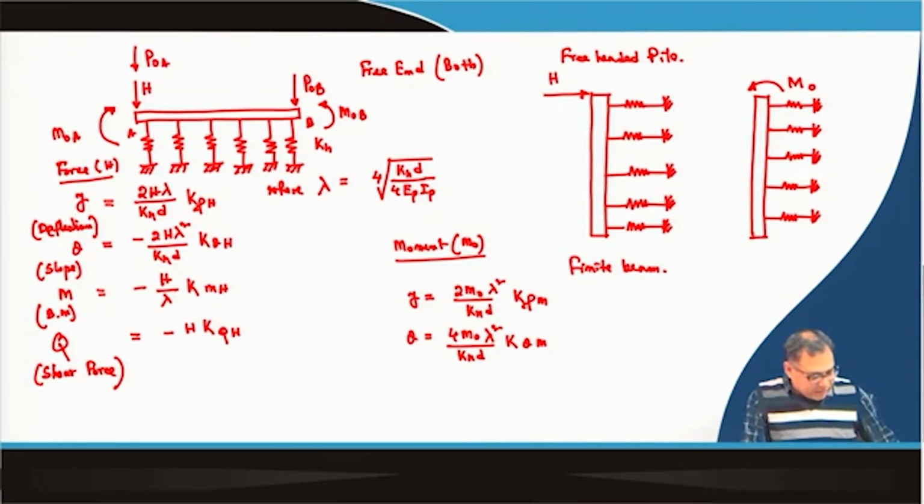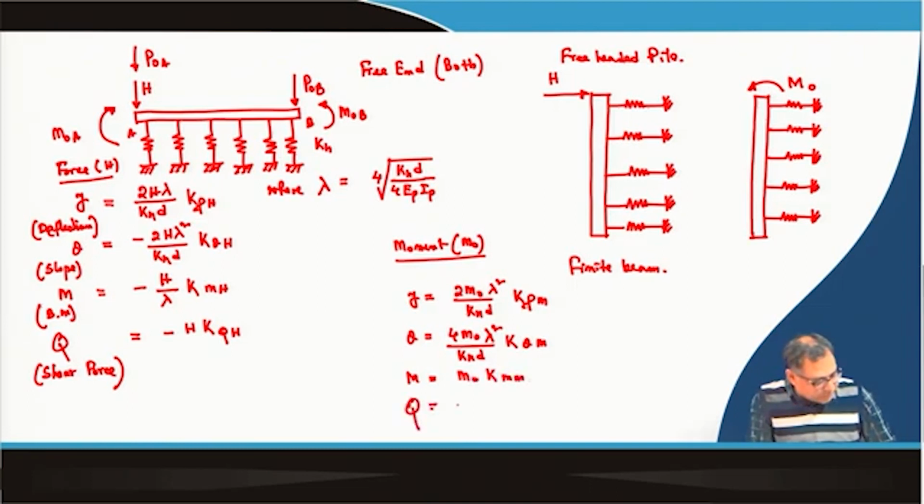So, that is m is written. Now, for the bending moment, this is m0 k m m, and for the shear force it is minus 2 m0 lambda k q m.